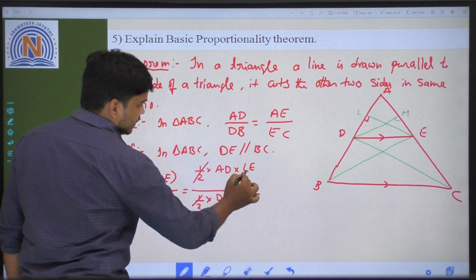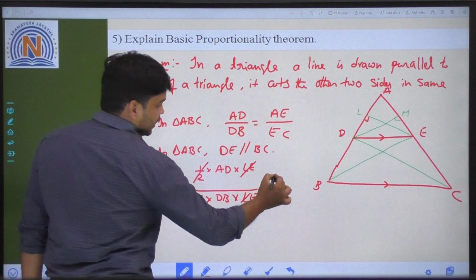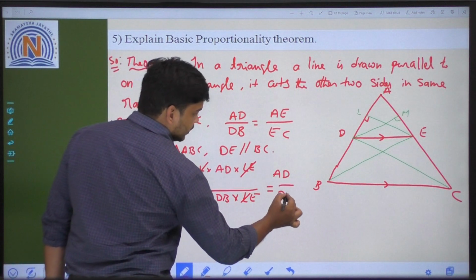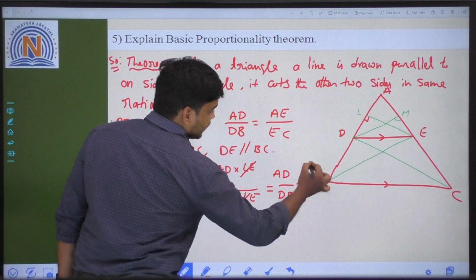So LE gets cancelled, and we get AD by DB. This is the first equation.